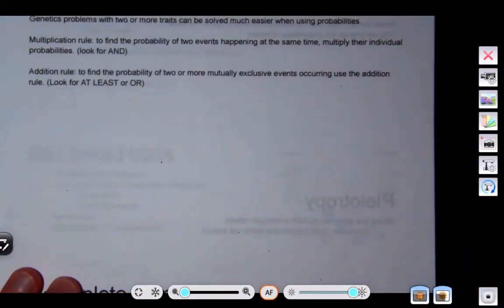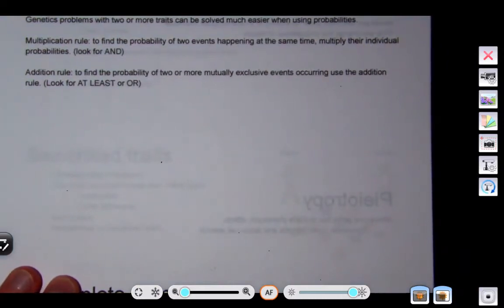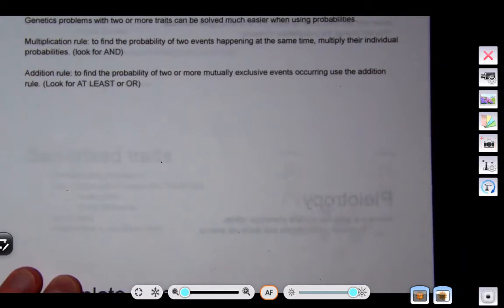If you can remember what probabilities you're going to get depending on the cross, or just do quick little Punnett squares, you're going to find these problems are a lot easier than trying to do a 4 by 4 Punnett square.